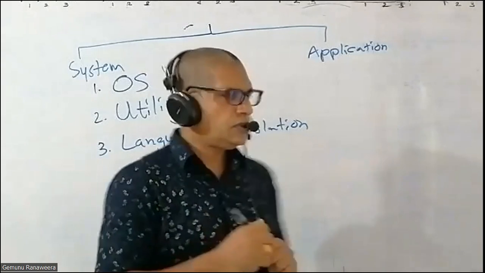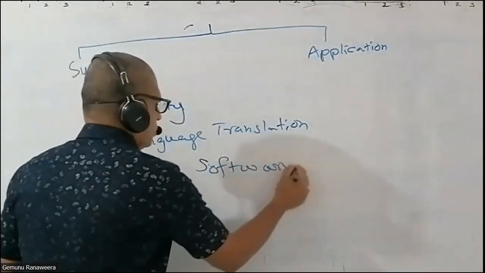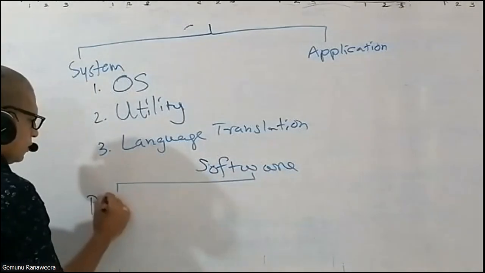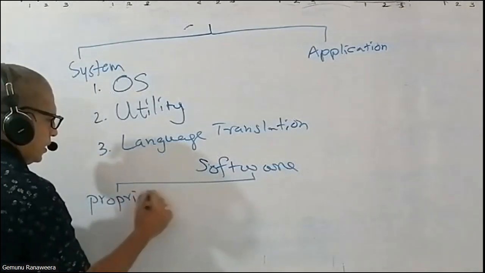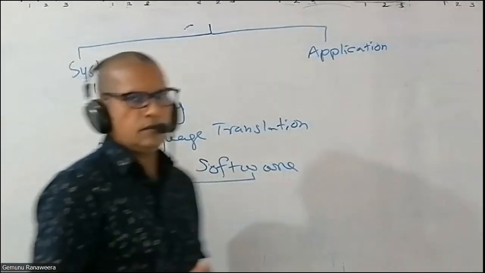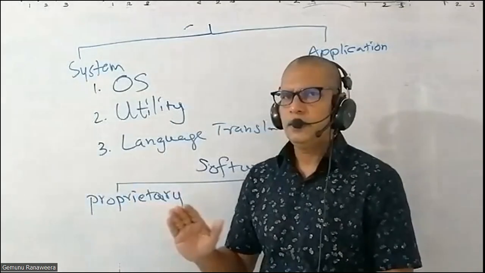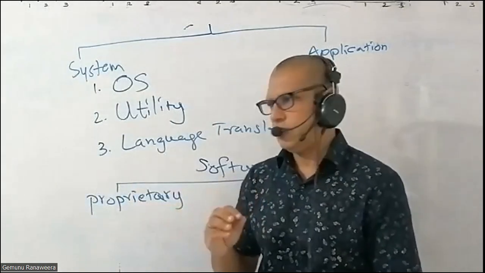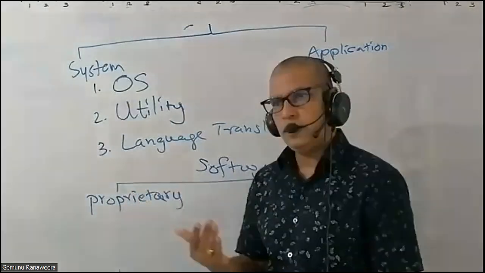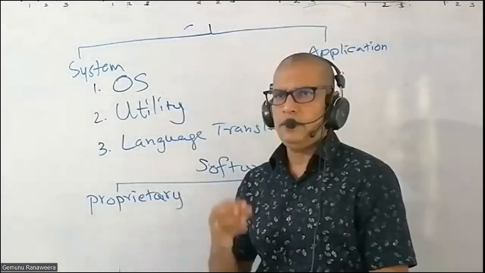So such software are categorized as proprietary software. Proprietary software. So remember, proprietary software do not provide the source code. That is not available. We have to pay and buy the software, but you can't get the source code.